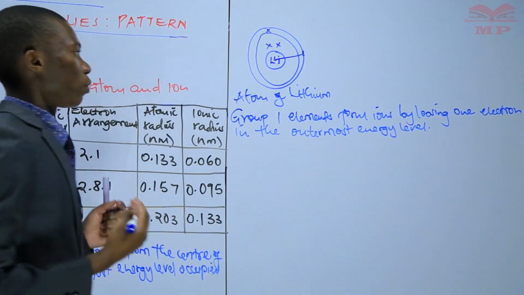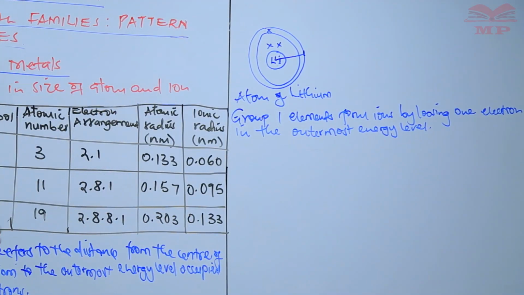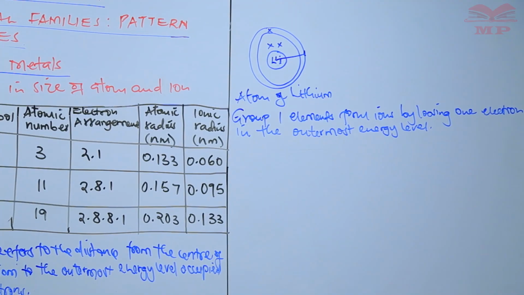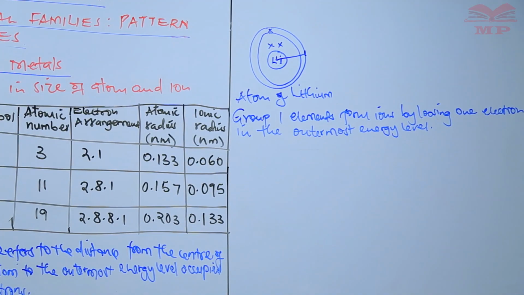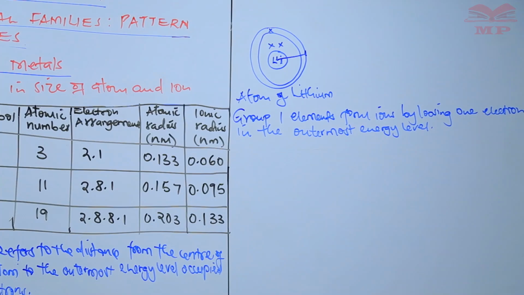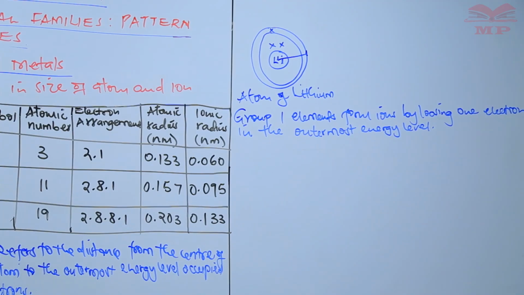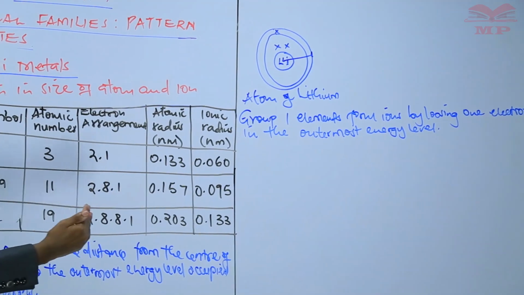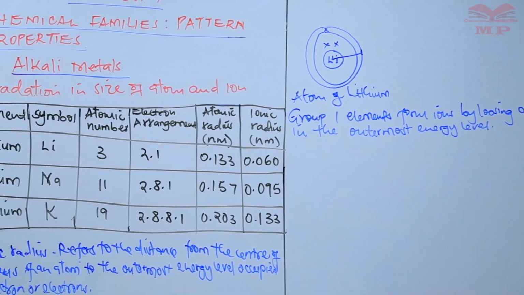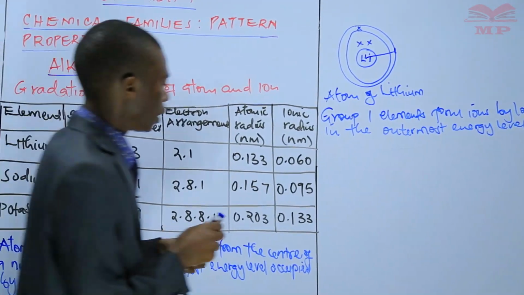So group 1 elements form ions by losing 1 electron in the outermost energy level. When they become ions, the number of energy levels is going to reduce. So they are going to be like this.